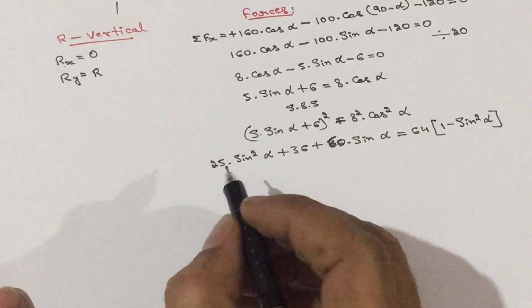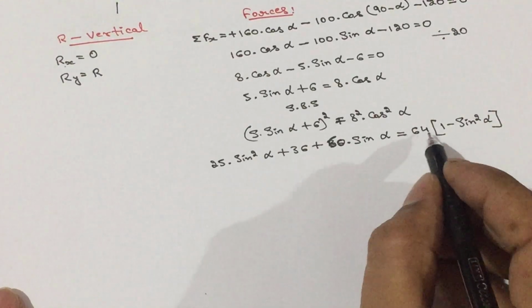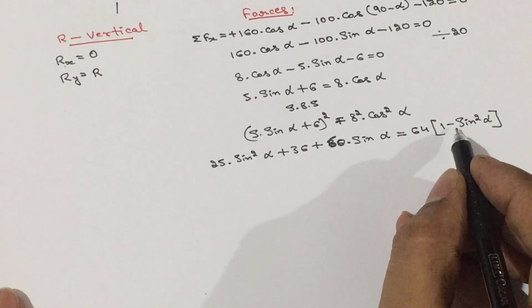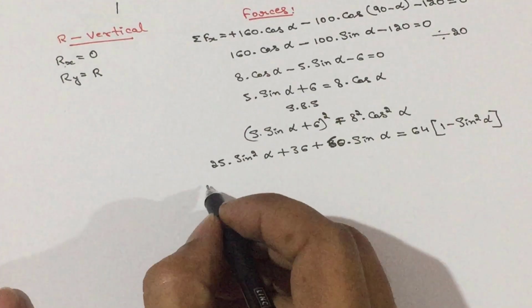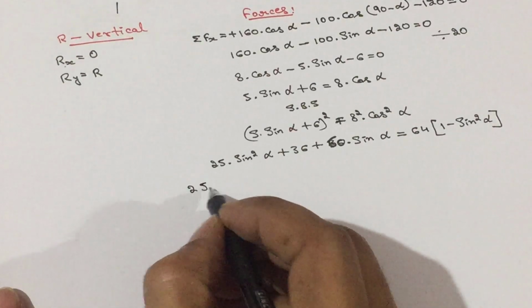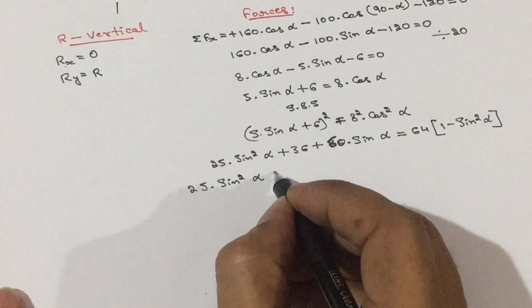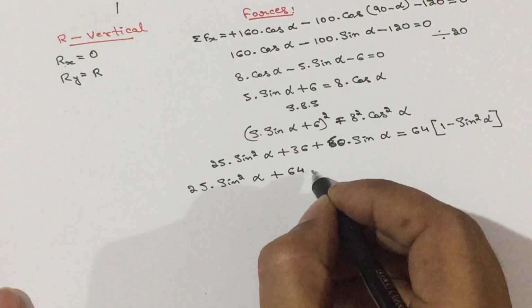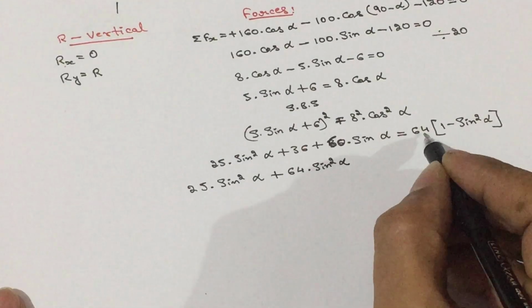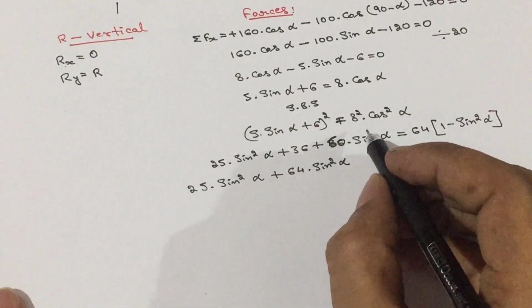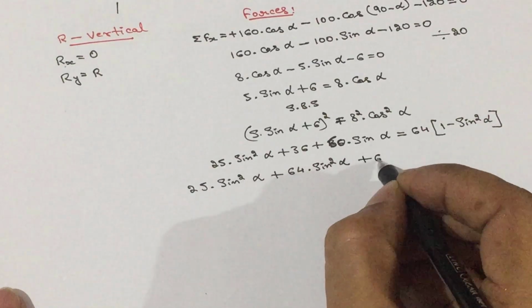So let us write the equation. Bring all terms to one side: multiply 64 with the content inside the bracket and bring it to the left hand side. You are going to get 25 sine square alpha plus 64 sine square alpha, that is minus 64 sine square alpha brought this side, it will become plus, plus 60 sine alpha.